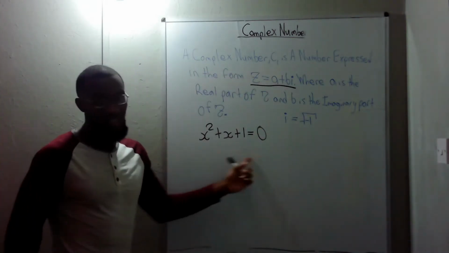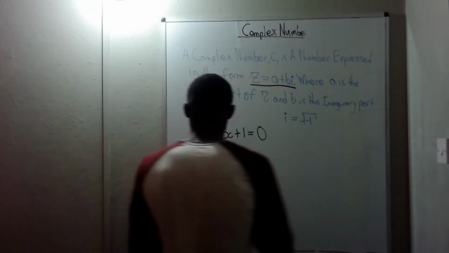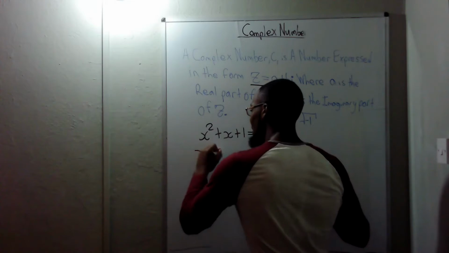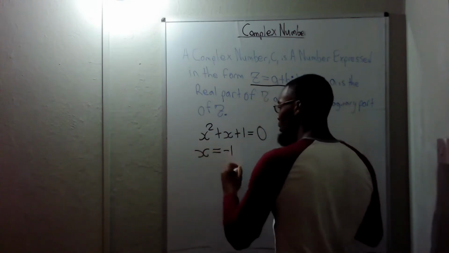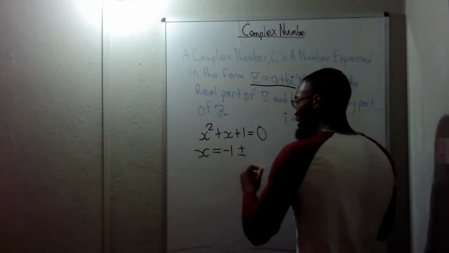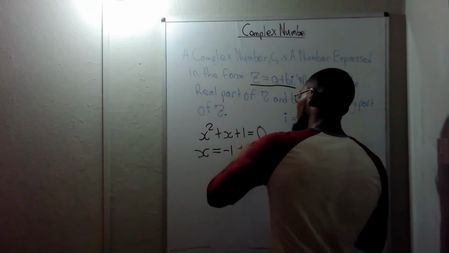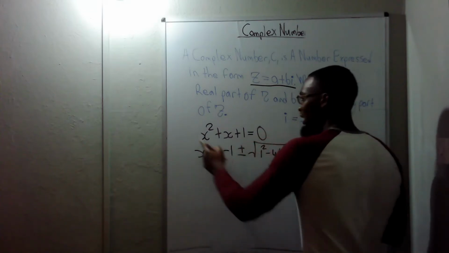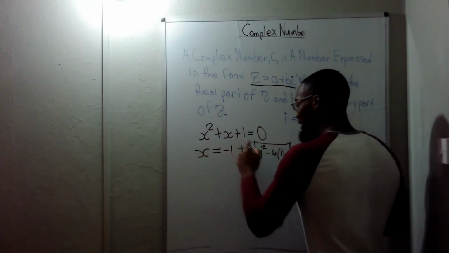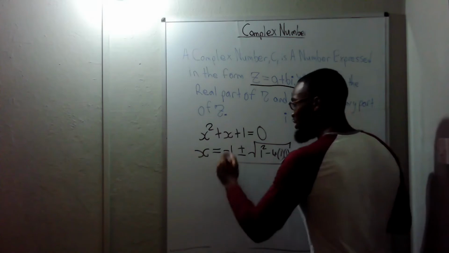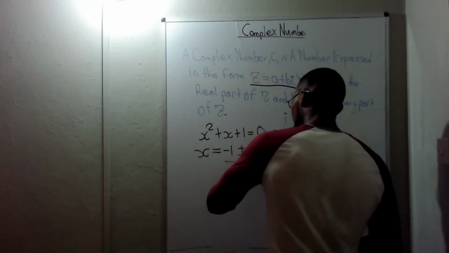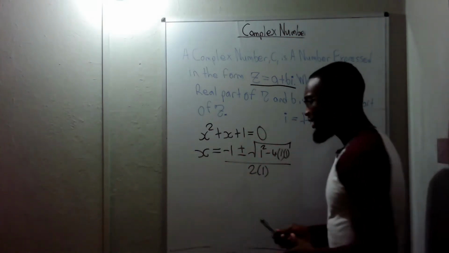So if we're solving an equation like this, we end up having x is equal to negative b, negative 1, plus or minus the square root of b squared minus 4 times a times c, divided by 2 times a. That's how we would solve that quadratic here.